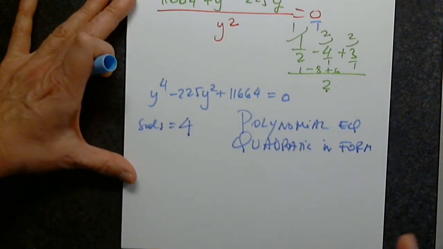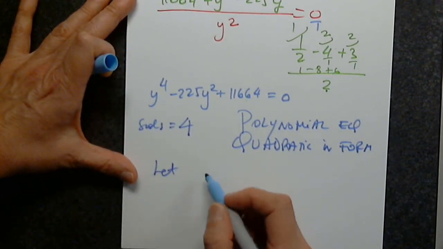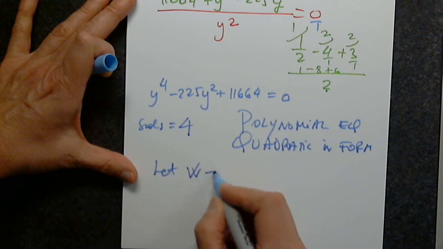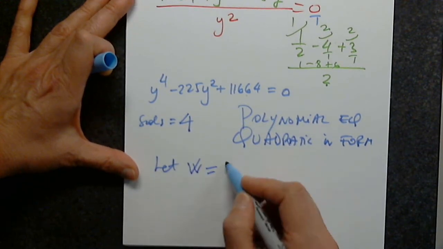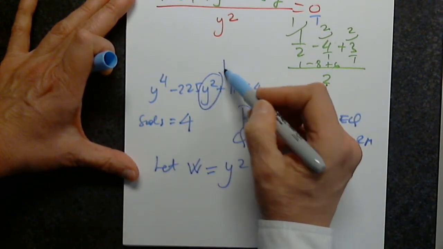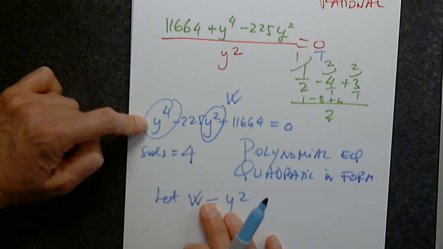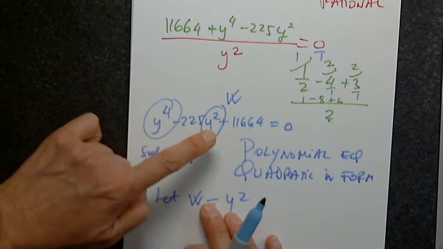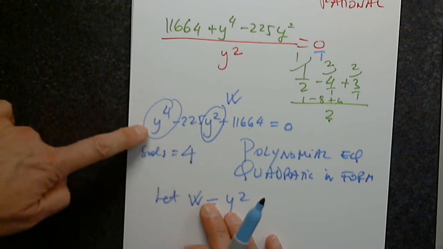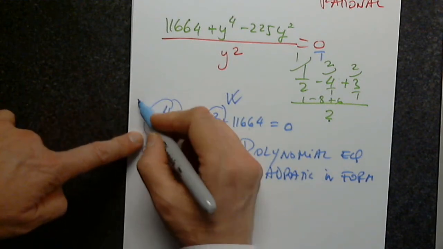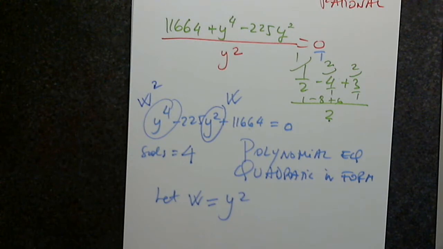That's great. So then you will say let W be y squared. If this is W, if this is not, then it was not going to work. The method is not going to work. So if I denote this by W, what is this? Yes, but only if it is true W squared.